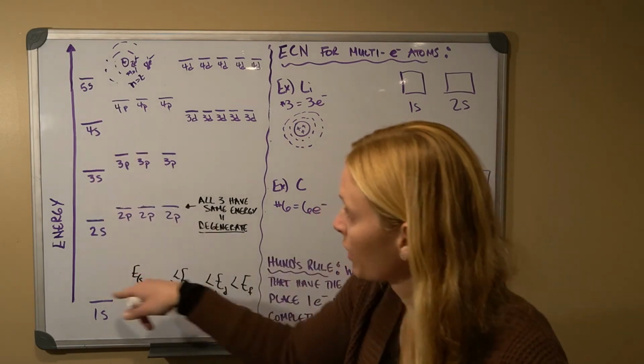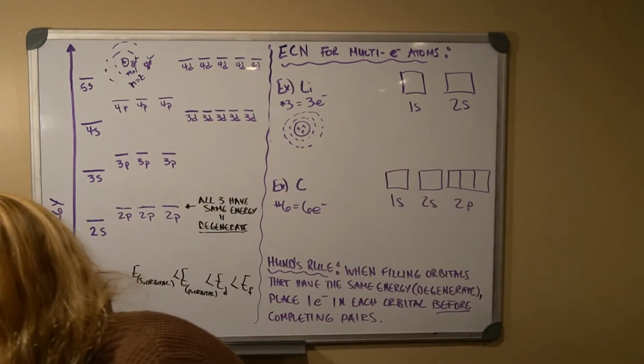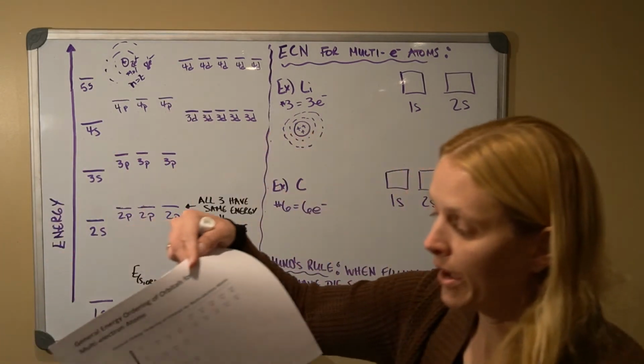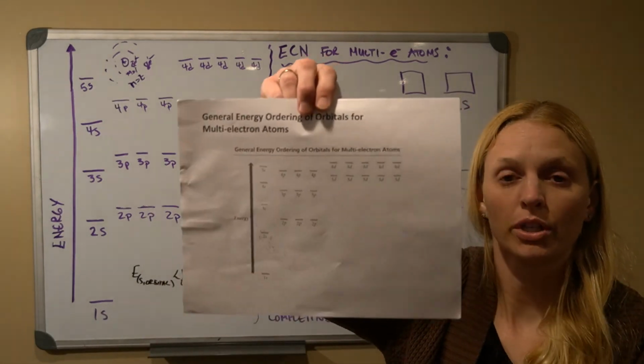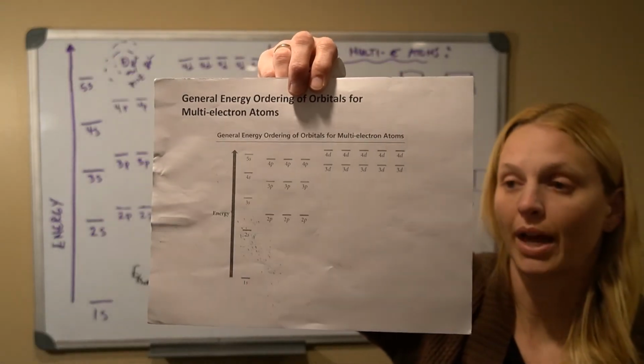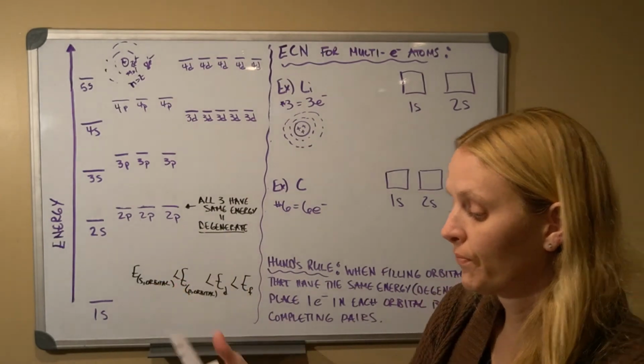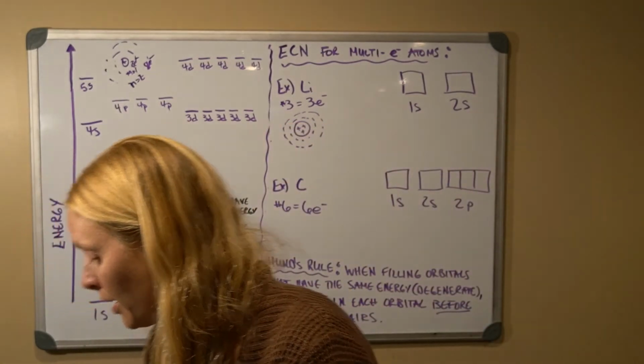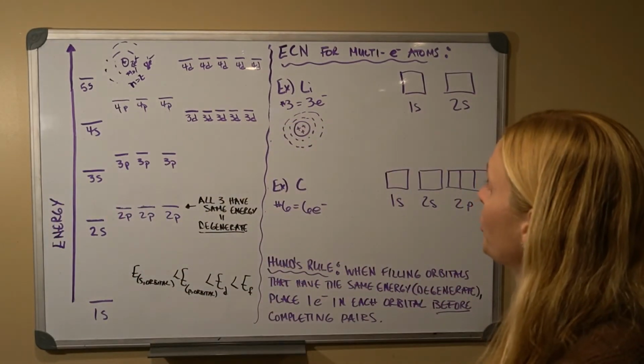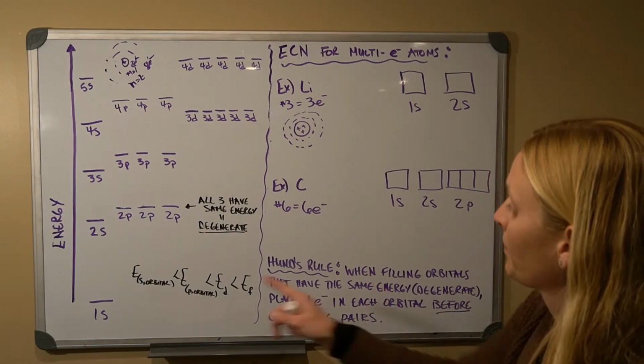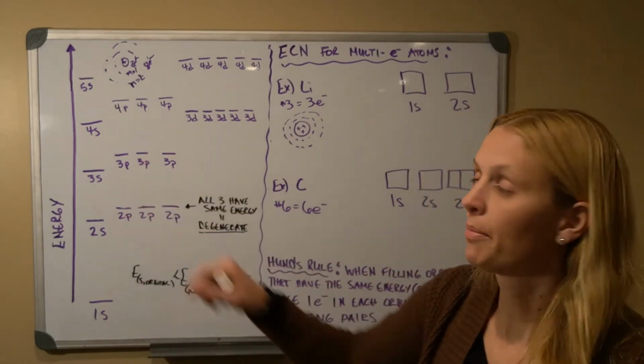We're going to start with our energy level diagram. You have a copy of the energy level diagram that looks kind of like this, so you can pull that out and use it as we go along. For lithium, we fill from the bottom going up first.